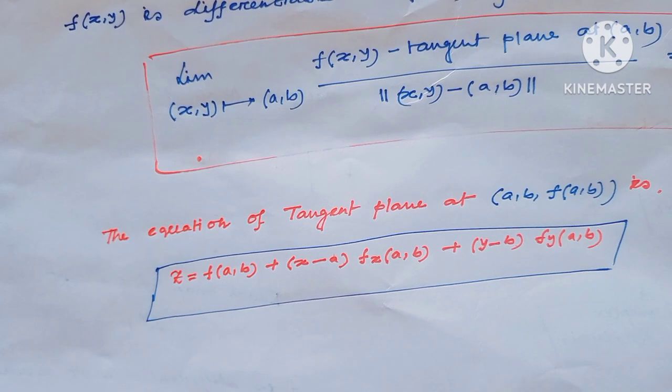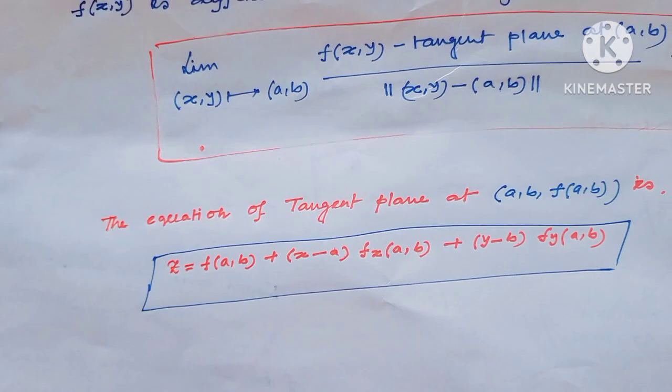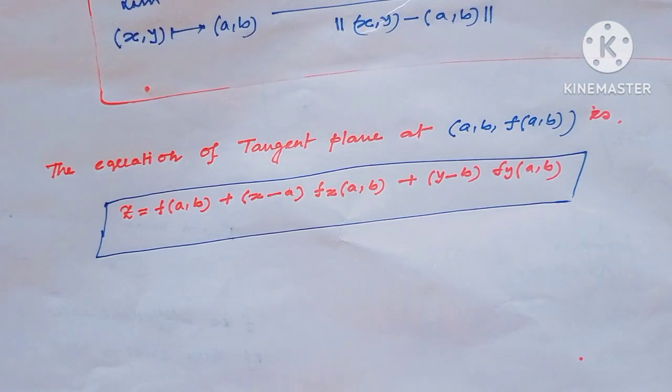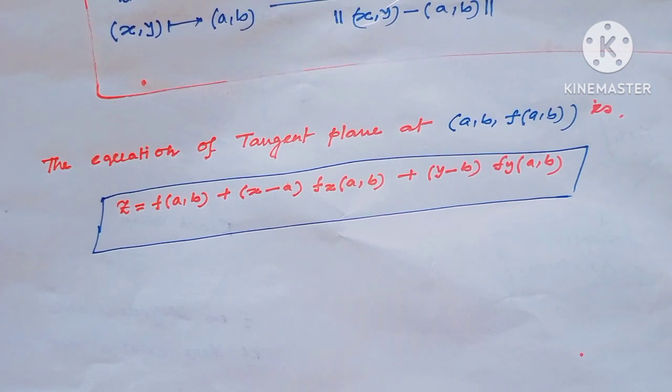We all know the equation of the tangent plane at the point (a,b,f(a,b)) is z equals f(a,b) plus (x minus a) f_x(a,b) plus (y minus b) f_y(a,b).